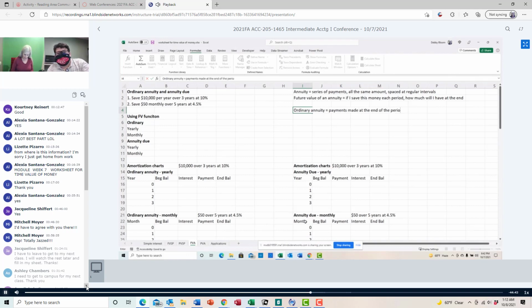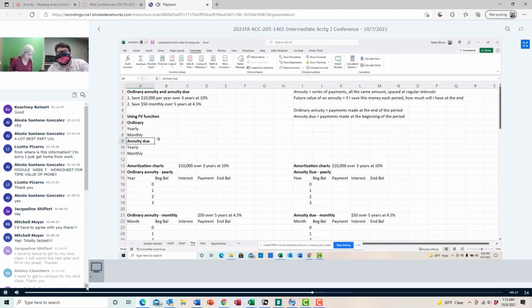If it's an annuity due, payments are made at the beginning of the period. And notice I have amortization charts down here for an ordinary annuity and an annuity due. And we're going to calculate the future value for the ordinary annuity and the annuity due.